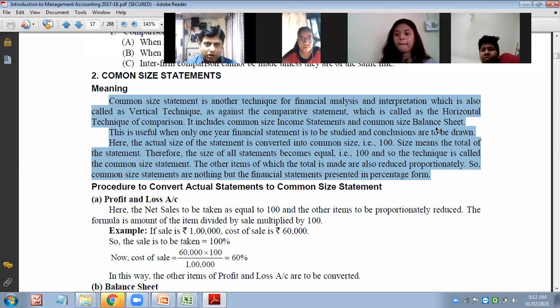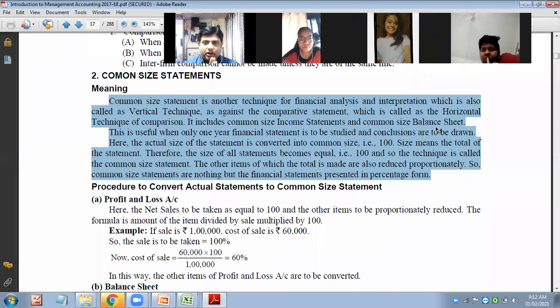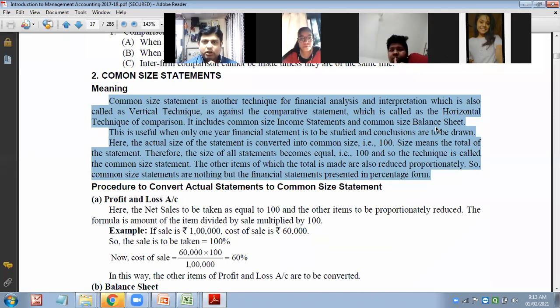When we talk about the common size income statement, again the statement will be in vertical form. So first and foremost, you have to convert the horizontal form which you have learned till today into the vertical form which you have learned. Thereby, you have to consider in your common size the sales to be 100.